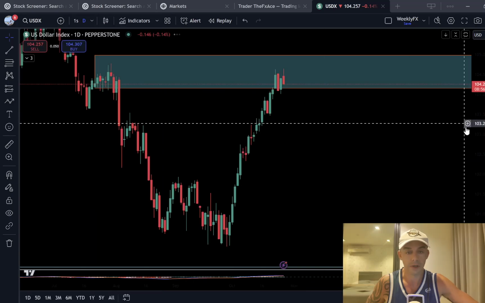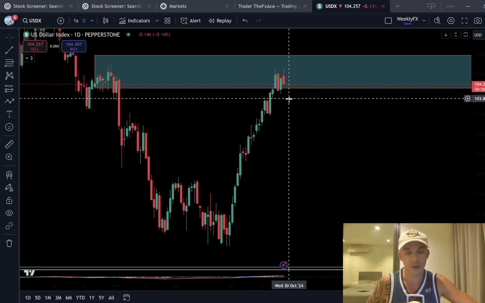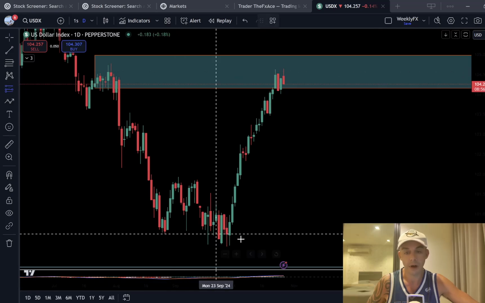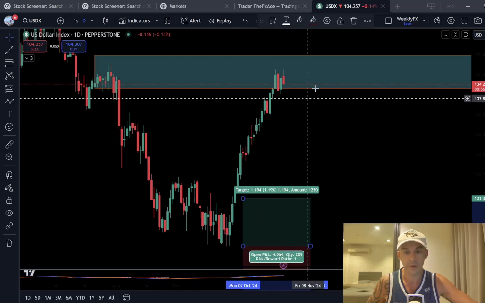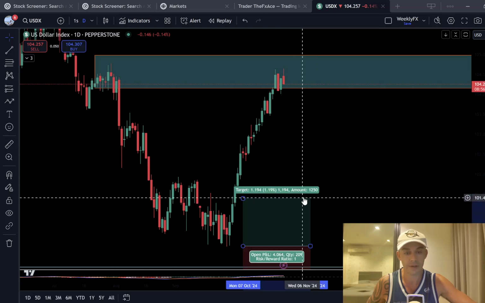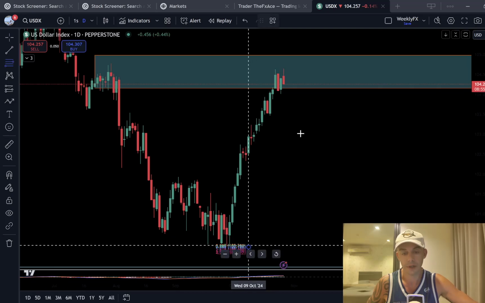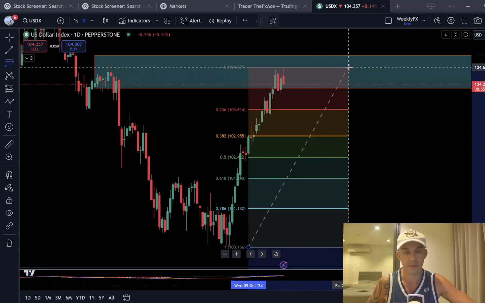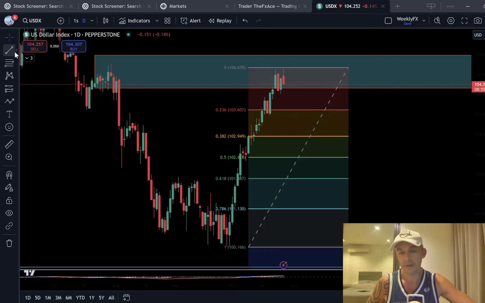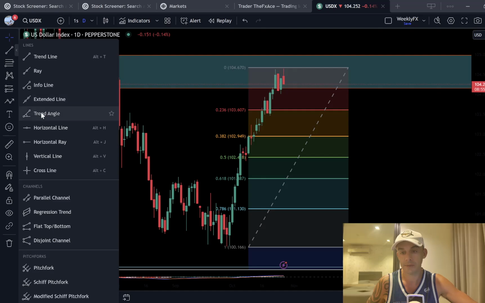If we look at the daily chart again, it's a very, very overextended move. With the fib, 102 would be a good target for this sell-off. Let's see if that matches up with any fib levels.